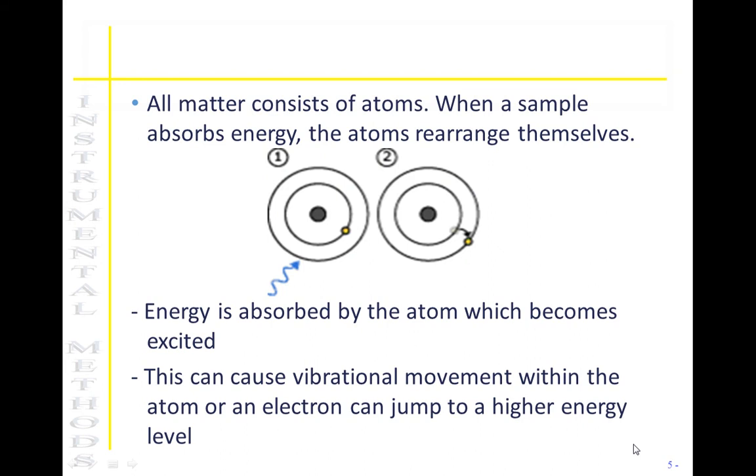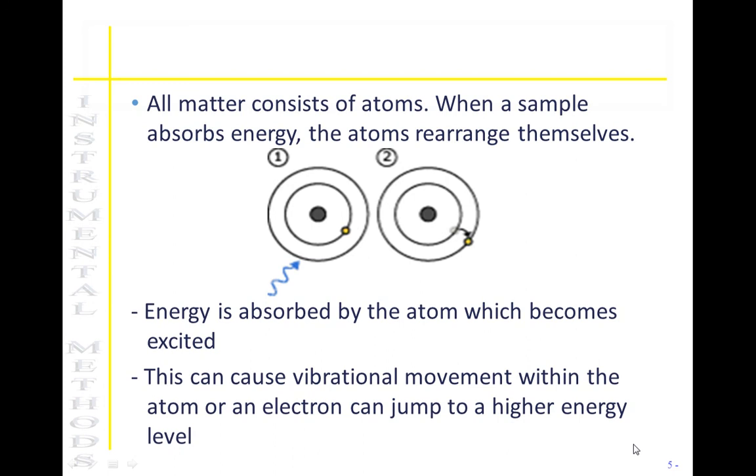So if we think of the atom as being the yellow circle in the example, you can see as the energy is applied to the matter, the energy being the blue line coming in and hitting the matter, it's going to cause the atoms to rearrange themselves. As you can see in the second circle, that yellow circle has moved to a different orbit.